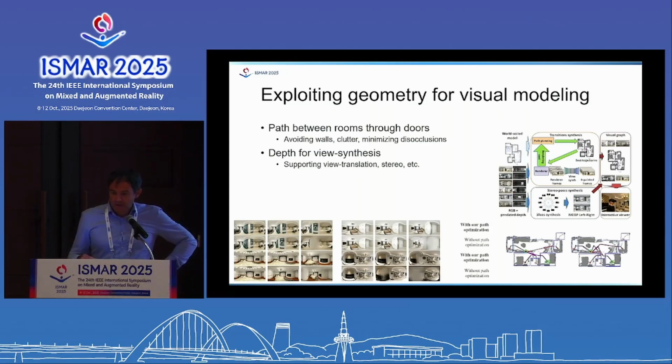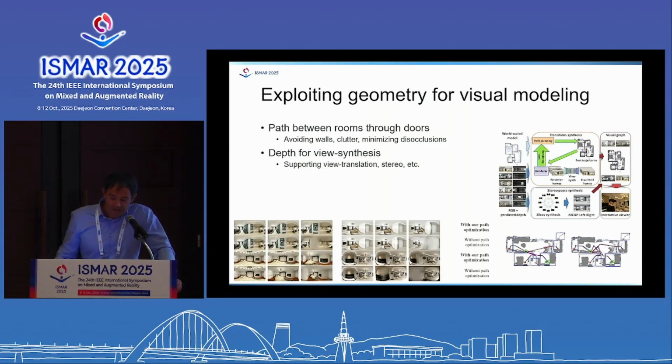In this case it is not a learning system, but just an analytic system, very fast, that tries to avoid clutter and walls, and also to minimize disocclusion. So we optimize the path to minimize the disocclusion between the different views, and in this way we also avoid parts that we are missing in our acquisition.